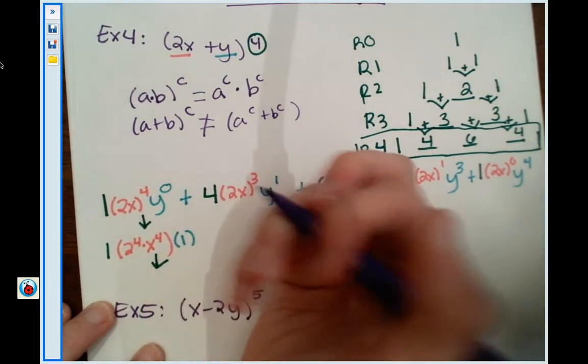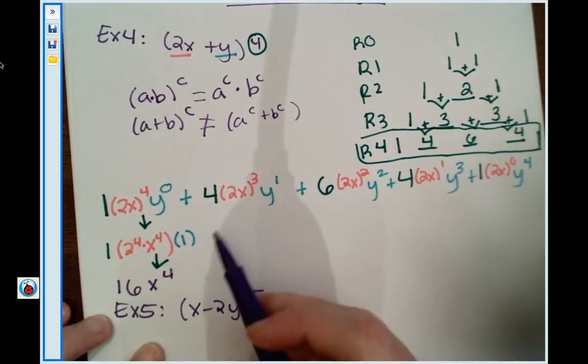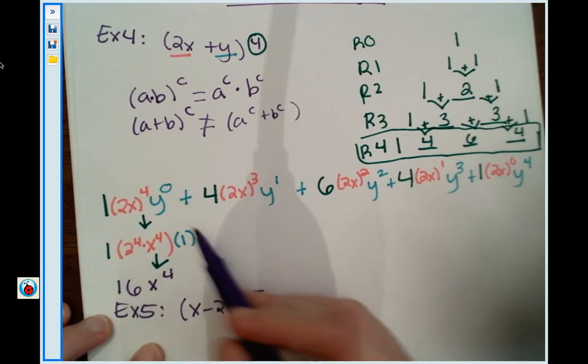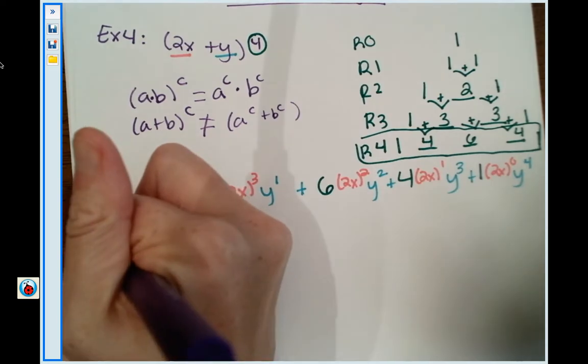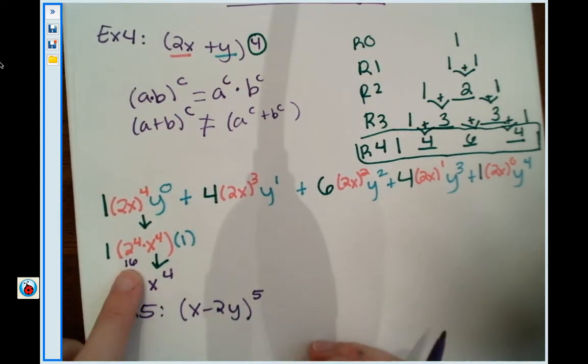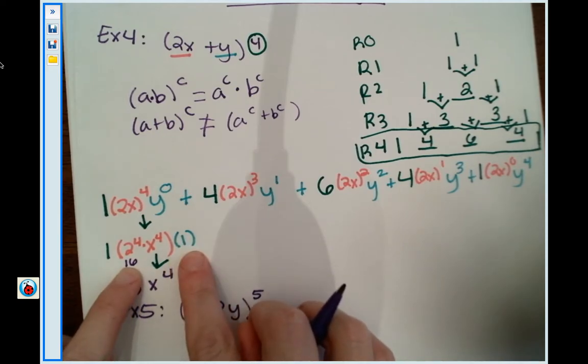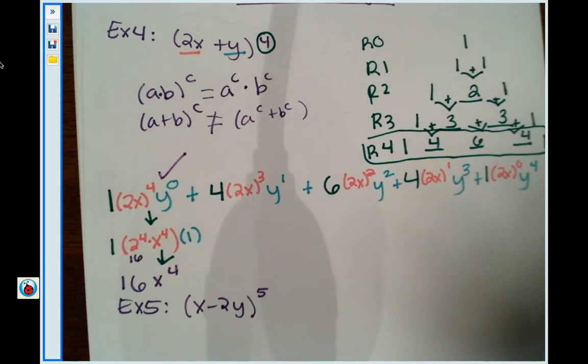So this is like 16 x to the 4th, and then we have this 1 left over. Well, 1 times anything is itself, so all that reduces down to 16x to the 4th. Again, this was secretly a 16 right here, 2 to the 4th. 1 times 16 is 16, times 1 is just 16, and all I'm left with is x to the 4th. So our first term is done.